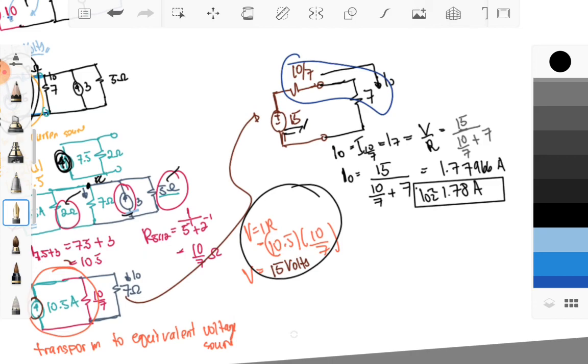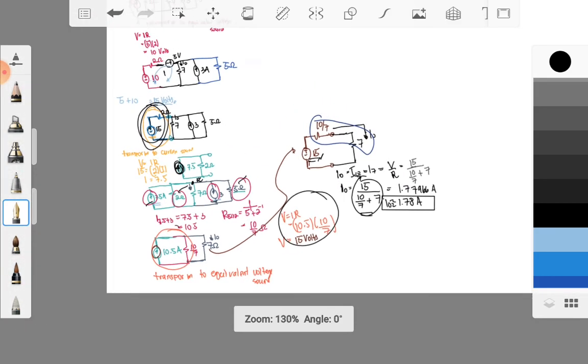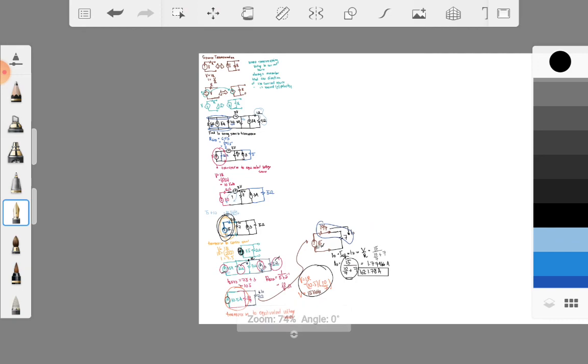So your 10 over 7 is in series with the 7 ohm resistor, so 10 over 7 plus 7. So upon noticing this, your IO will be equal to 15 divided by 10 over 7 plus 7, which is equal to 1.7796 ampere. That is our source transformation.